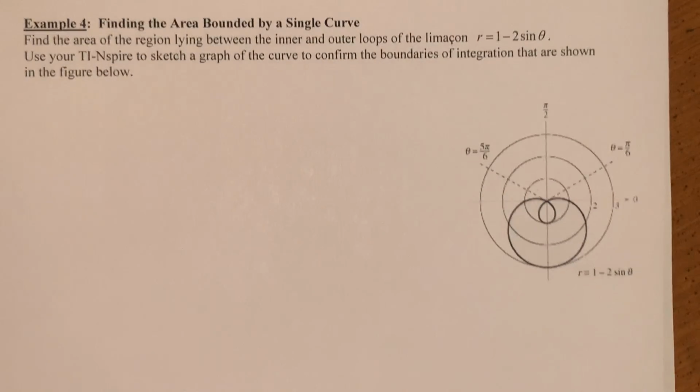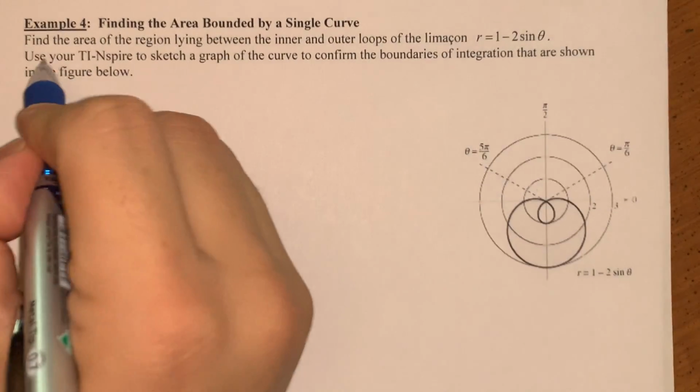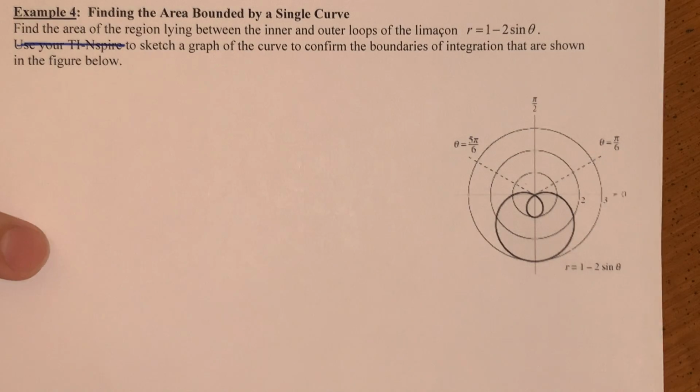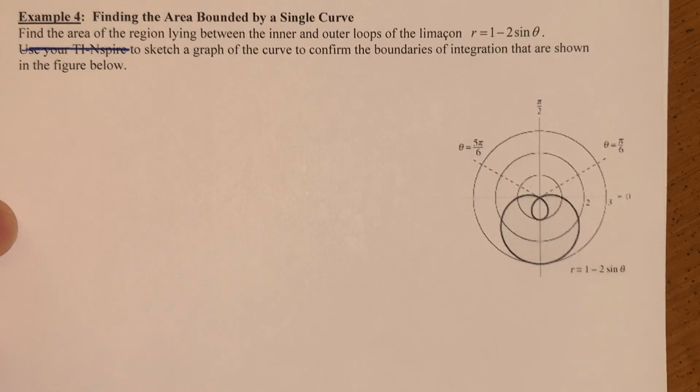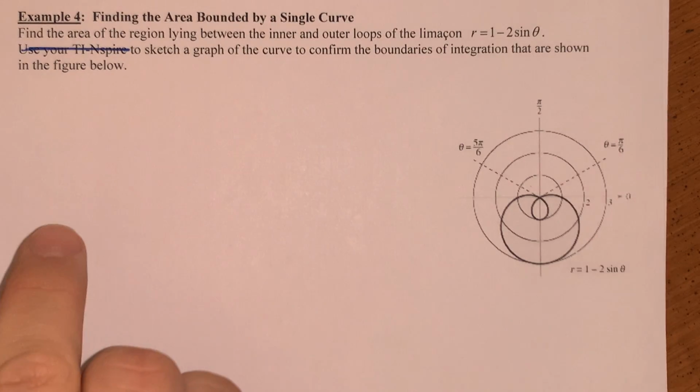So if I look at example 4, this is my least favorite video so far. But anyways, example 4 says finding the area bounded by a single curve. I obviously took this problem from another teacher, but it says find the area of the region lying between the inner and outer loops of the limaçon r equals 1 minus 2 sine of theta.